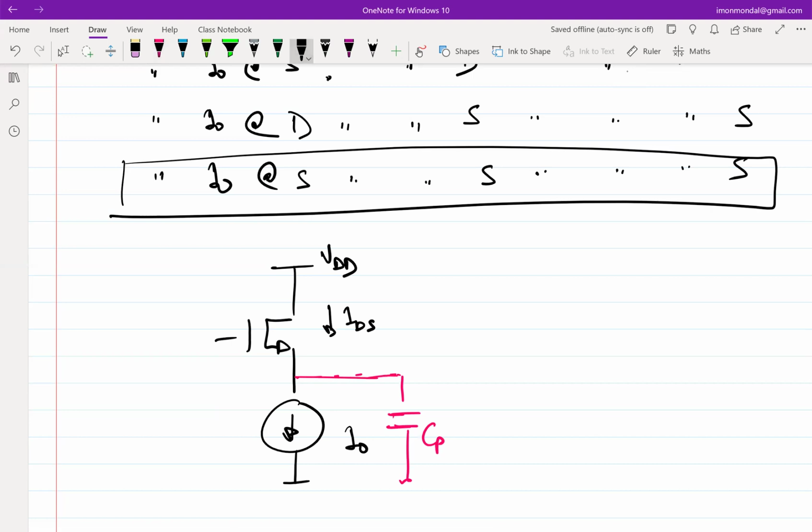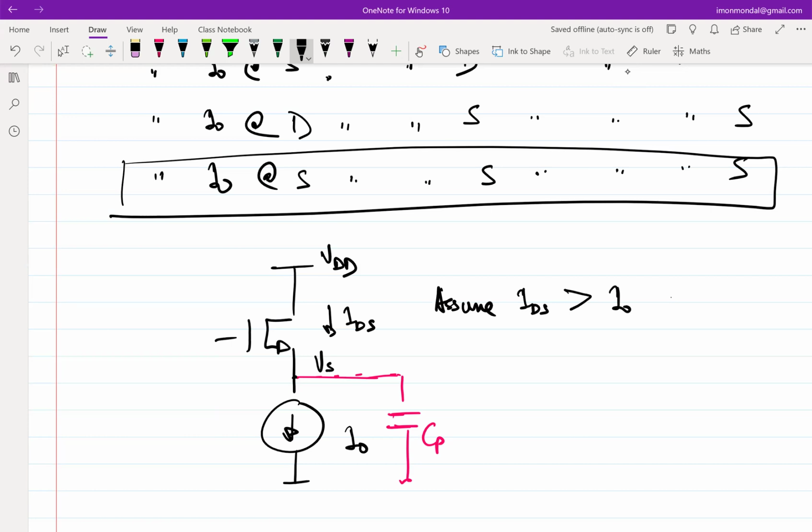So let's assume IDS is greater than I naught. If IDS is greater than I naught, what is going to happen to the source voltage? It's going to go up, right? So excess current is flowing into the capacitor and the voltage is going to go up.